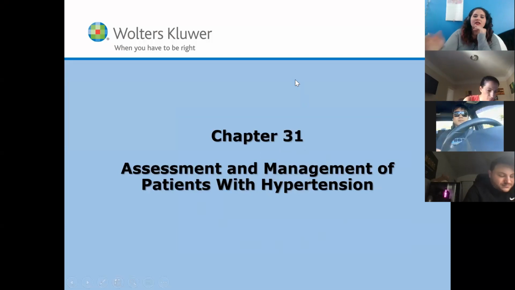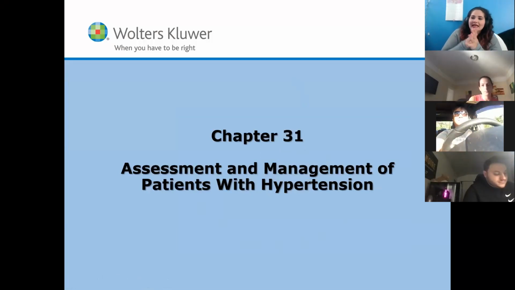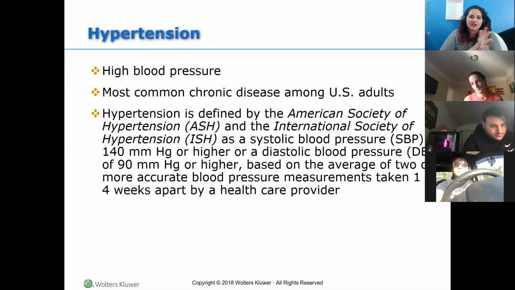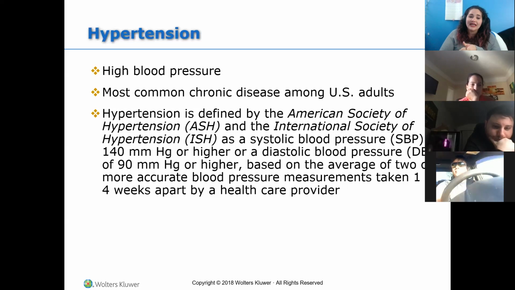All right, chapter 31, assessment and management of patients with hypertension, high blood pressure. Hypertension is the most common chronic disease among US adults. Hypertension is defined by the American Society of Hypertension and the International Society of Hypertension as a systolic blood pressure of 140 or higher, or a diastolic blood pressure of 90 or higher, based on the average of two or more accurate blood pressure measurements taken one to four weeks apart by a healthcare provider.